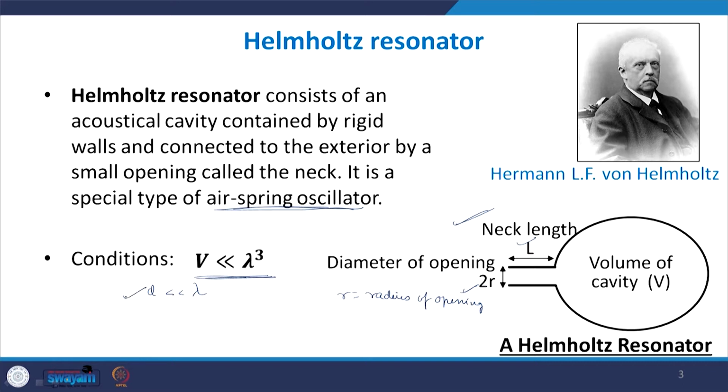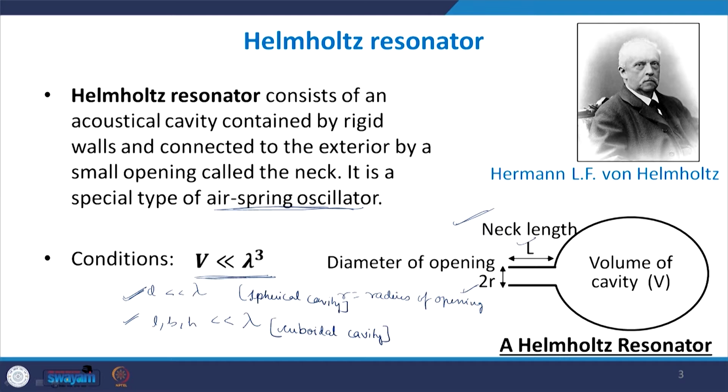Similarly, if it is a rectangular cavity, then the length, breadth and height of the cavity have to be smaller than the wavelength. If it is a cuboidal sort of cavity, then its individual dimensions all have to be much smaller than the wavelength.